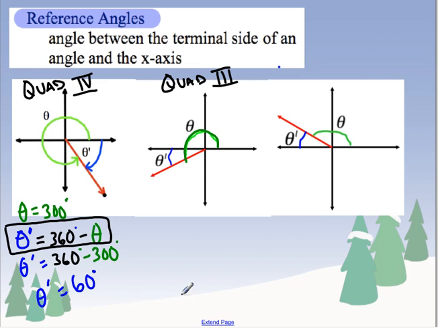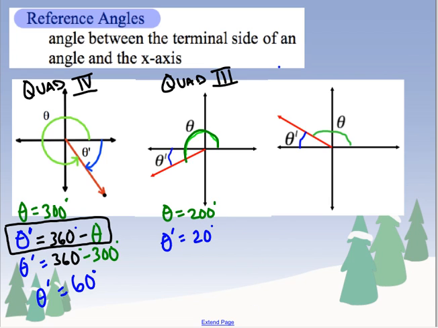So let's just give an example. Let's say that theta in this case is 200 degrees. Okay, so all the way from here to here is 200 degrees. Well, I don't want this top stuff, 180. So if I subtract off that 180, I get the blue reference angle. So if we subtract off the 180, our blue reference angle would be 20 degrees.